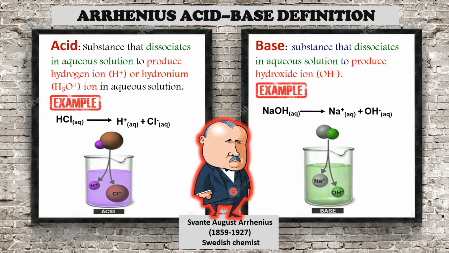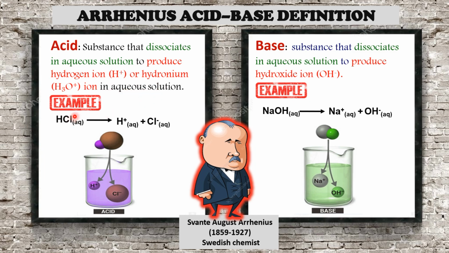He suggested classifying certain compounds as acids or bases based on what kind of ions form when the compound was added to water. According to Arrhenius theory, an acid is a substance that dissociates in aqueous solution to produce H+ ions, or hydronium H3O+ ions, in aqueous solution.